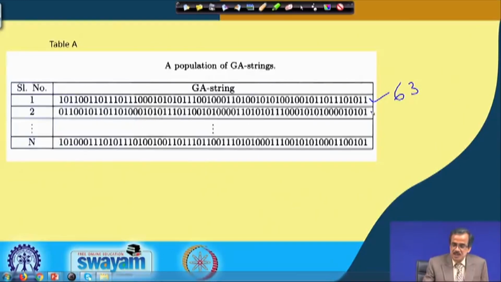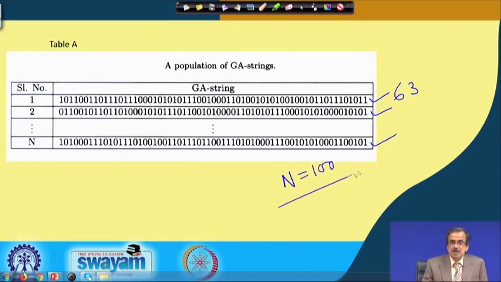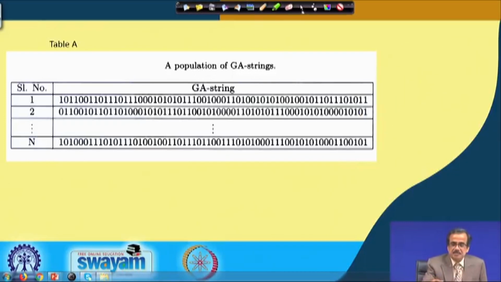Similarly, we have the second GA string, and we have capital N number of GA strings, because the population size is nothing but capital N, and generally we consider, say, N equals 100. So, we have 100 such GA strings in the population, and these GA strings are generated at random using the random number generator.